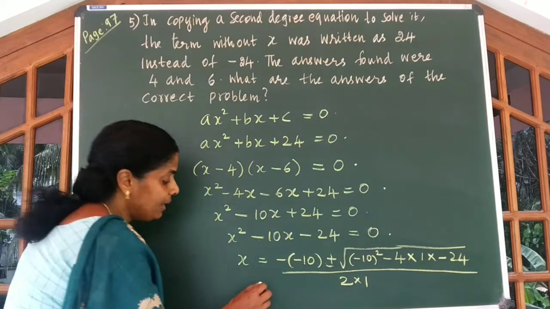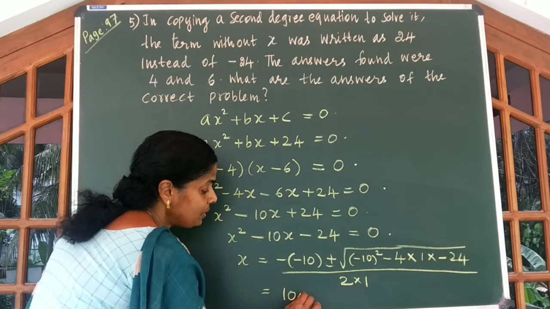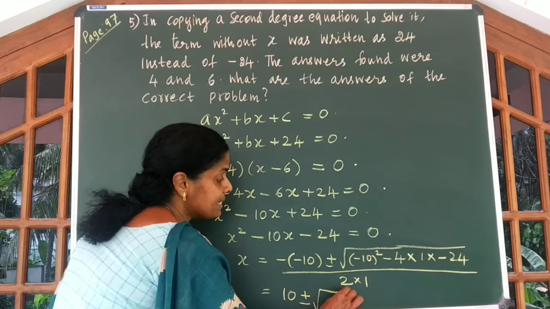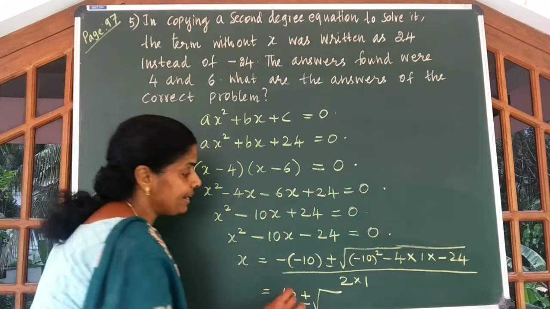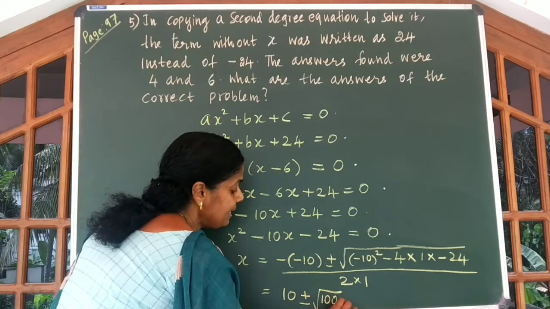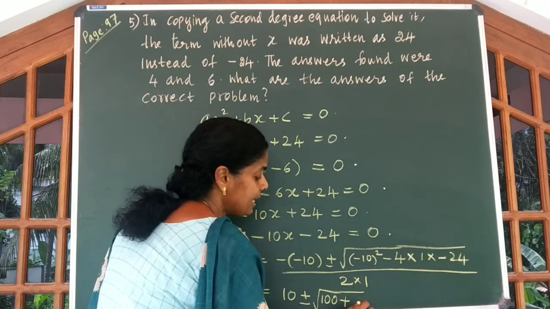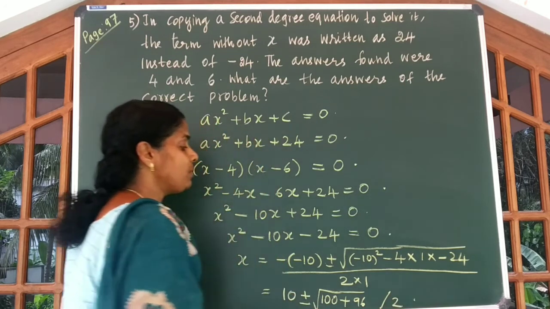Okay. Now this is equal to minus of minus gives you plus. So you get 10 plus or minus root of minus 10 the whole square gives you 100. So you get 100 plus 4 into 24 gives you 96, whole thing divided by 2.